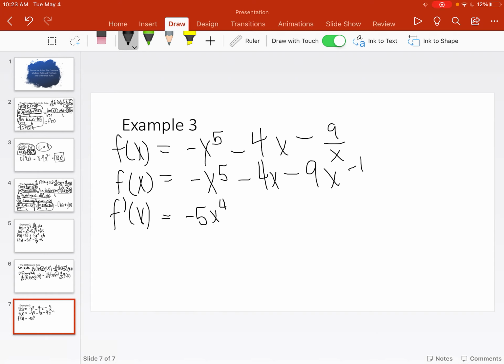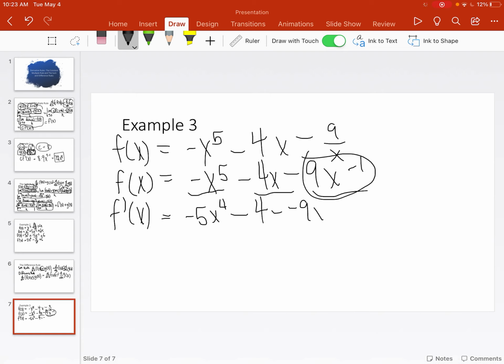The first term is just negative 5x to the 4. And now we got the subtraction of 4x. It's the same thing: you just take the derivative of each term on its own, same thing as the sum rule. So what's the derivative of 4x? Well, it's 4, and we got this minus sign, so it's minus 4. And let's take the derivative of the last term.